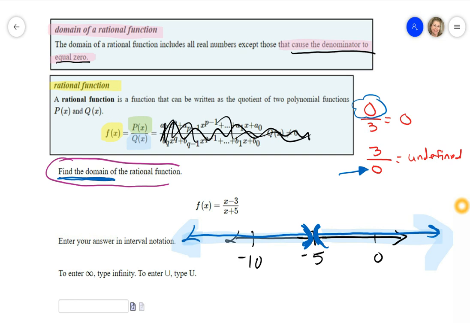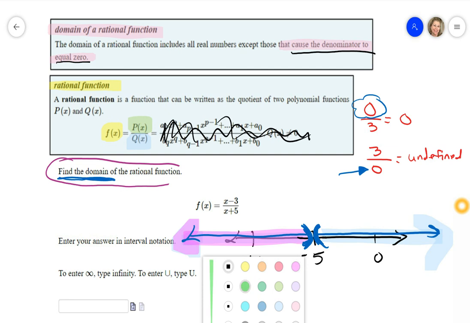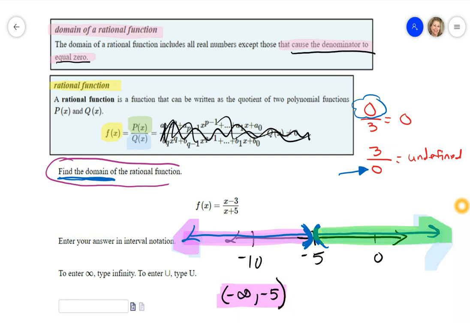For the left side, that interval would be going from negative infinity up to the negative 5, but not including it. And on the other side, that interval would be starting on the other side of negative 5 and going up to positive infinity.